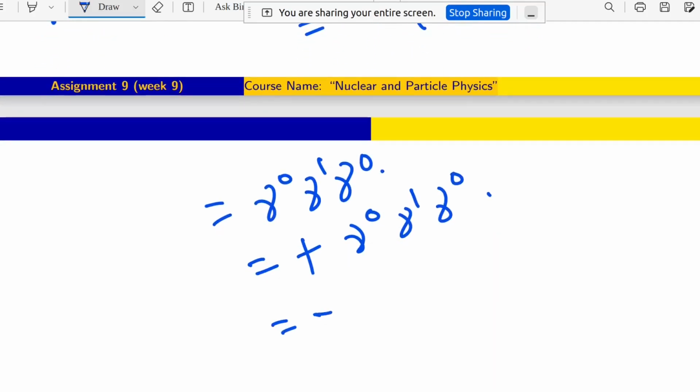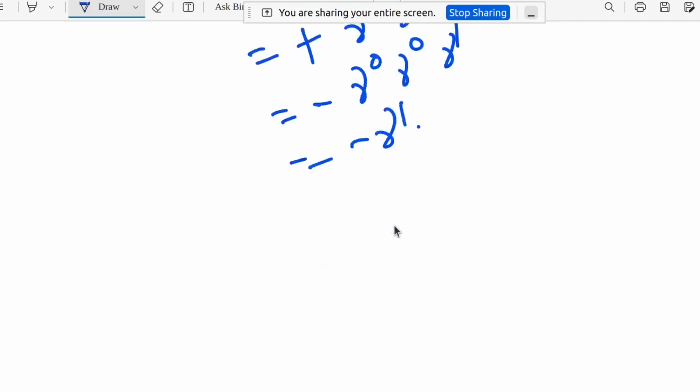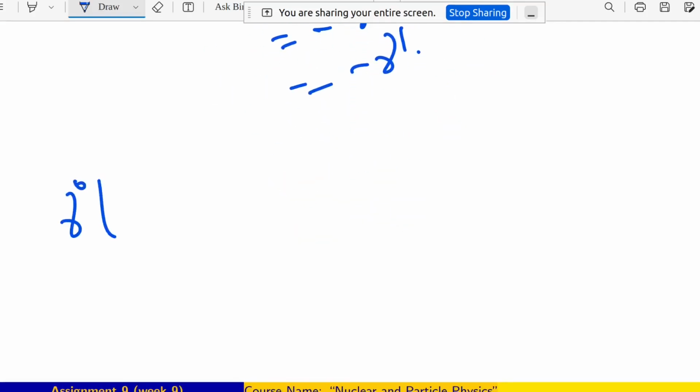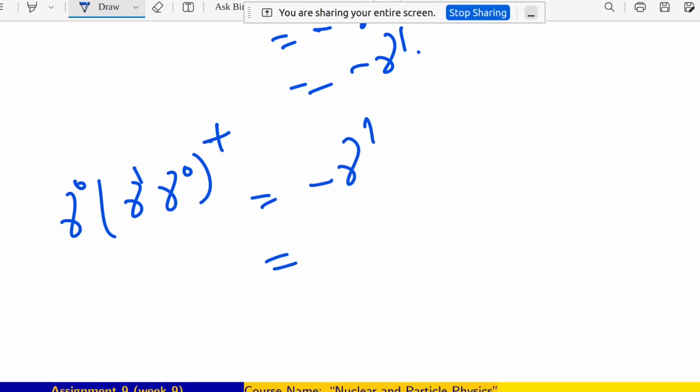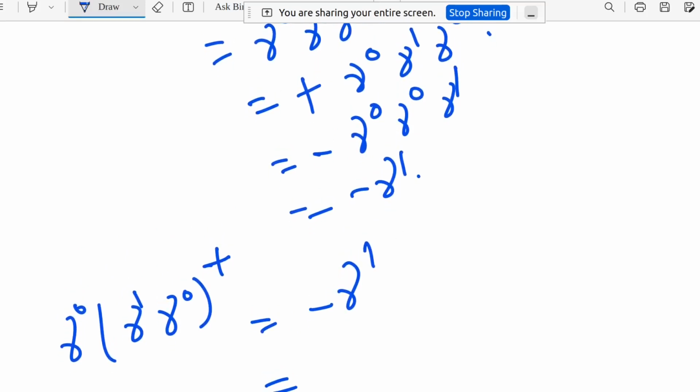And again minus gamma 0, gamma 1, and then minus gamma 1. So gamma 0, gamma 1, gamma 0 whole dagger is nothing but minus gamma 1, and we can also write it as gamma 0, gamma 1, gamma 0.